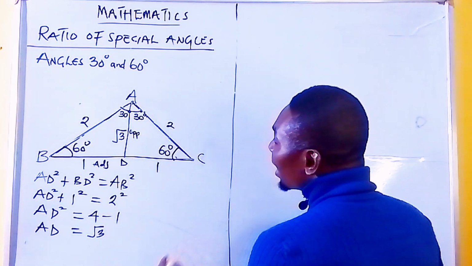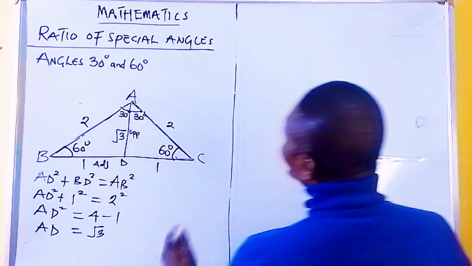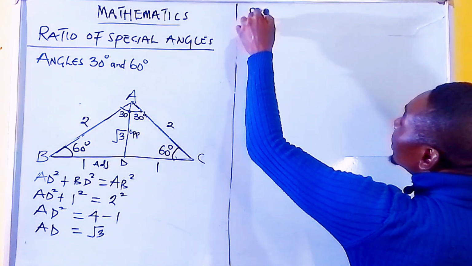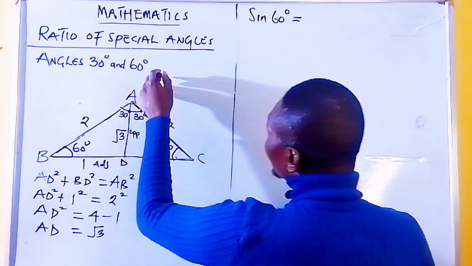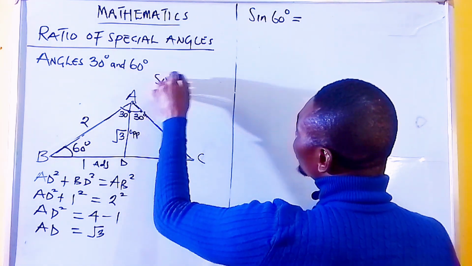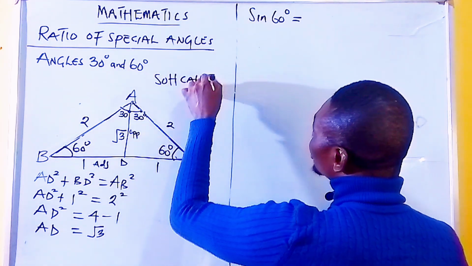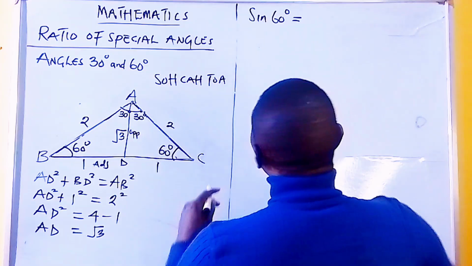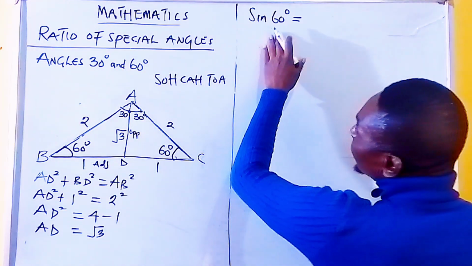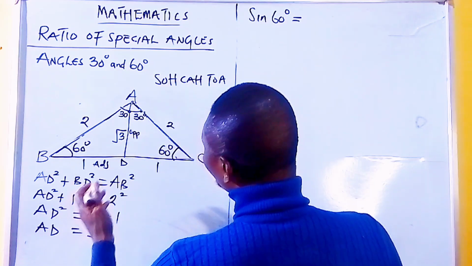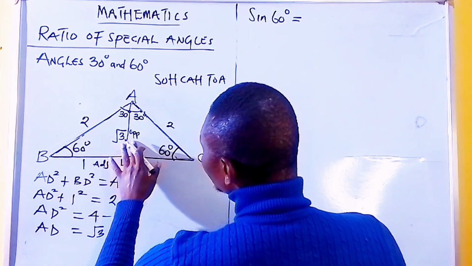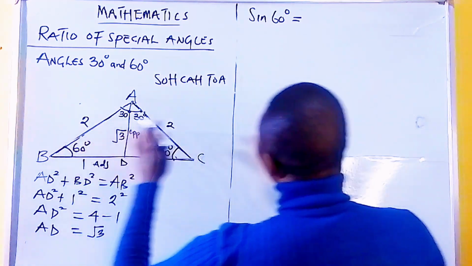Now, let's find the value of sine 60°. We're going to use what we call SOHCAHTOA. Sine is opposite over hypotenuse. Our opposite is root 3, then hypotenuse is 2.